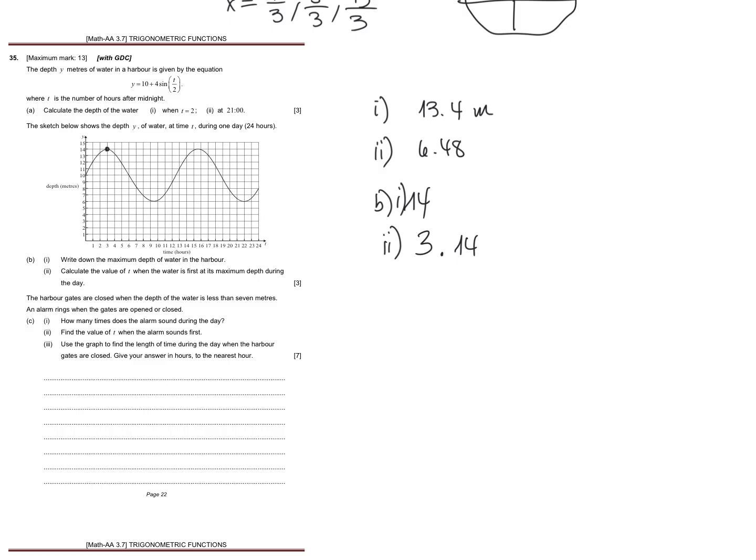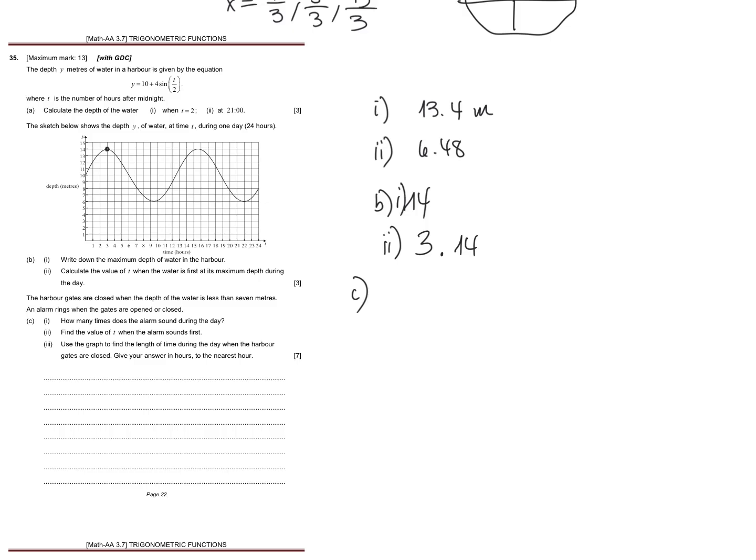All right, C. However, gates are closed when the depth of water is less than 7 meters. The alarm rings when the gates are open or closed. How many times does the alarm sound during the day? So we need less than 7 meters. So on the graphing calculator, I'm going to put in 7 and find those intersections.